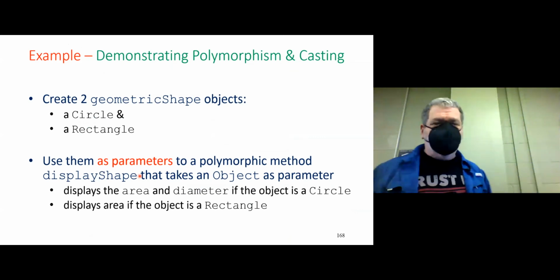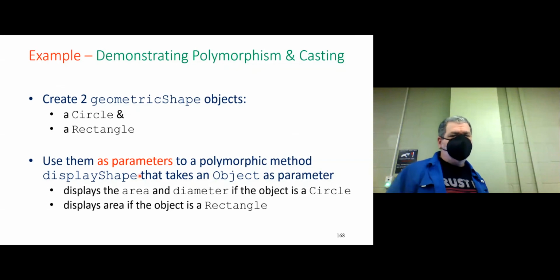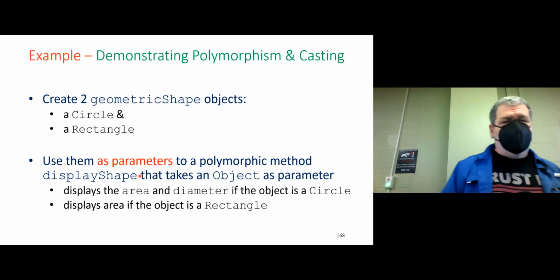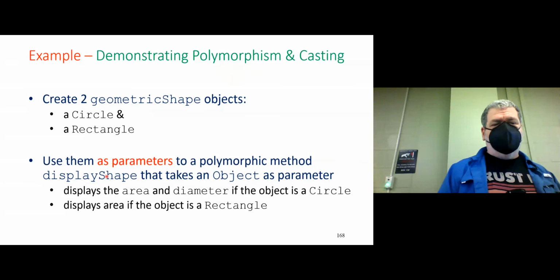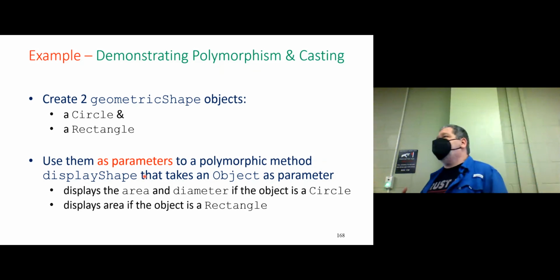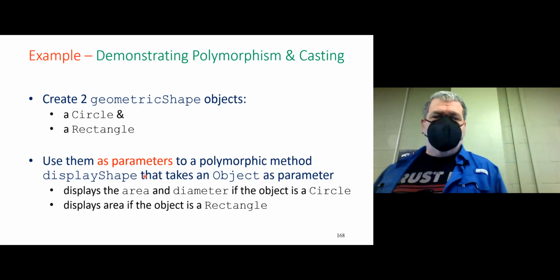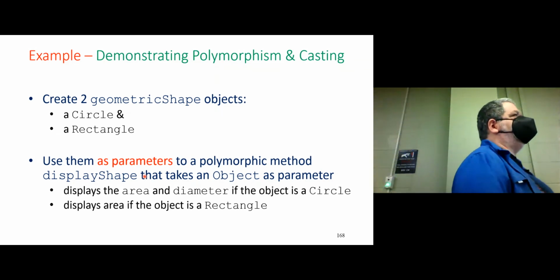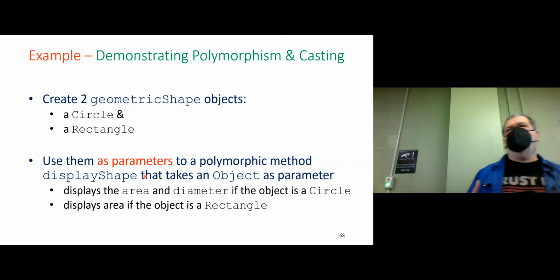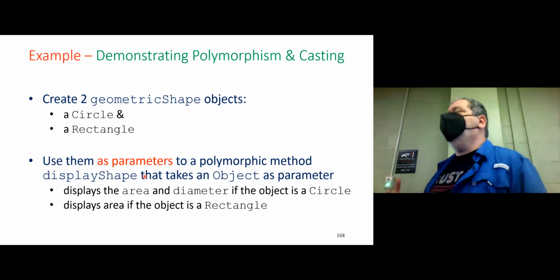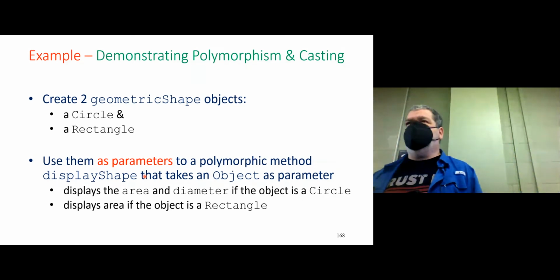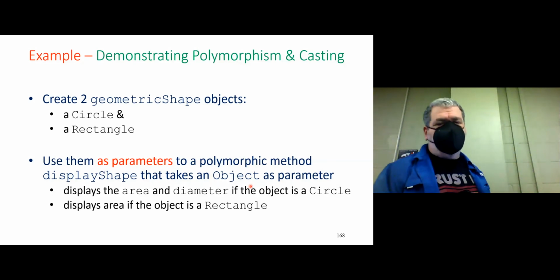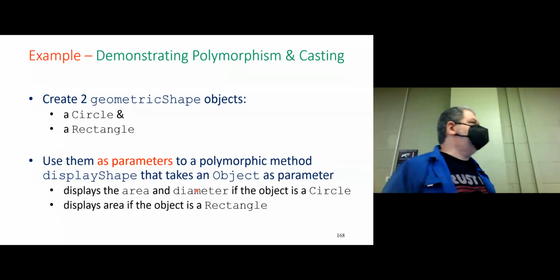Let's take another quick example. We are going to create two geometric shapes, a circle and a rectangle. We are going to use them as parameters to a polymorphic method called displayShape. It's going to take an object as parameter, and then it's going to use that technique we just saw to inspect the runtime data type of the object being actually referenced by the parameter, and decide: if it's a circle, I'm going to display the area and the diameter.